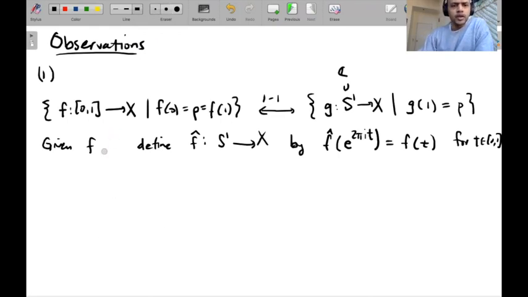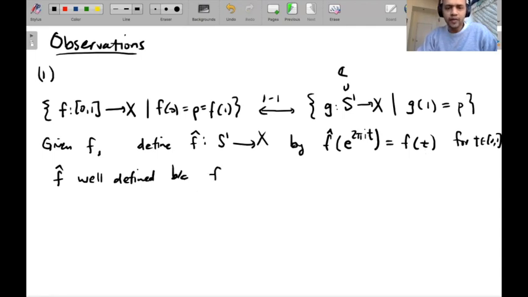So f hat is well defined because the only issue is that when t is 0 and t is 1, this is the same point. It's well defined because f of 0 is equal to f of 1.